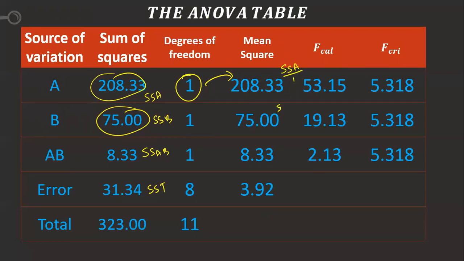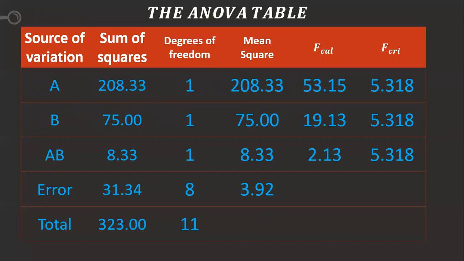Here it is SSB divided by 1. This is SSAB divided by degrees of freedom 1. Here this is SST divided by 8. That's what is calculated. Now this is MSA, MSB and MSAB. So I'm going to substitute all these values.